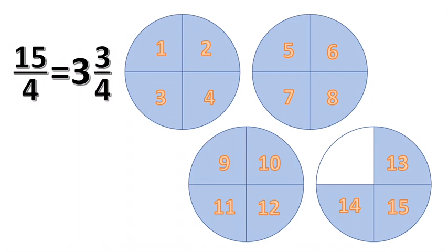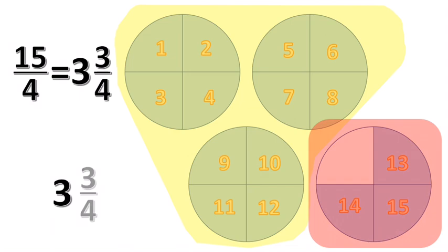So if I have my first 12, that makes 3 wholes, that's the whole number 3, and then the leftover 3 make up the 3/4 of the next whole. So that's what the mixed number is. It's how many complete wholes you have, and then what fraction of the next whole do you have.